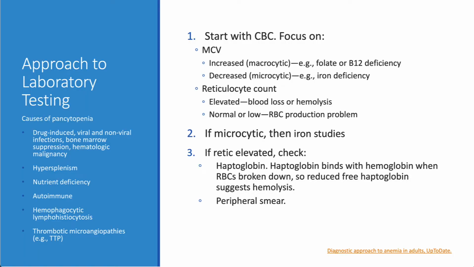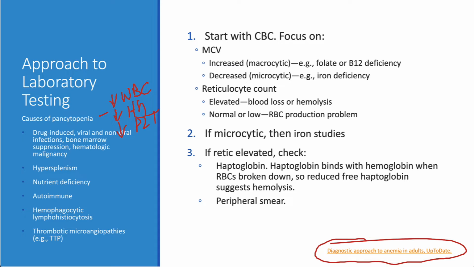So let's talk about the approach to laboratory testing. This I took from UpToDate, and you can click right down here on the UpToDate article. It's very long, but I have abbreviated it for you. First of all, if you see pancytopenia, which is decreased white blood cells, decreased hemoglobin, and decreased platelets, then you have to think about causes of pancytopenia, because it's not just anemia at that point.